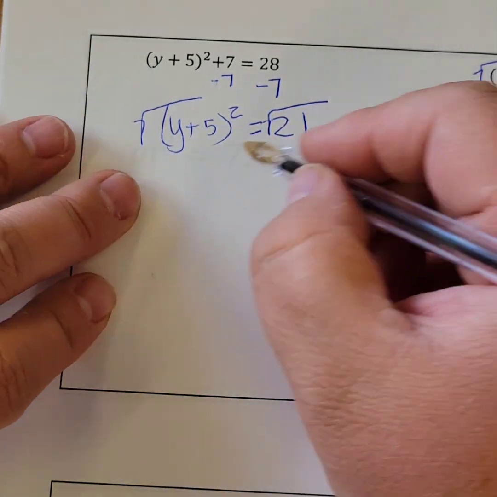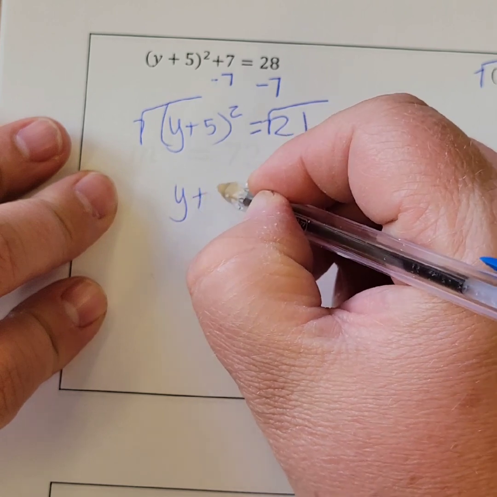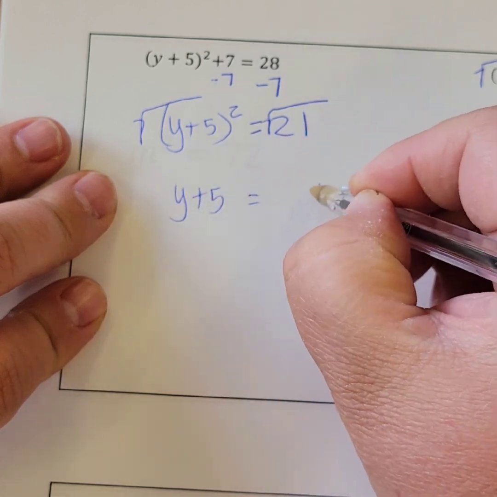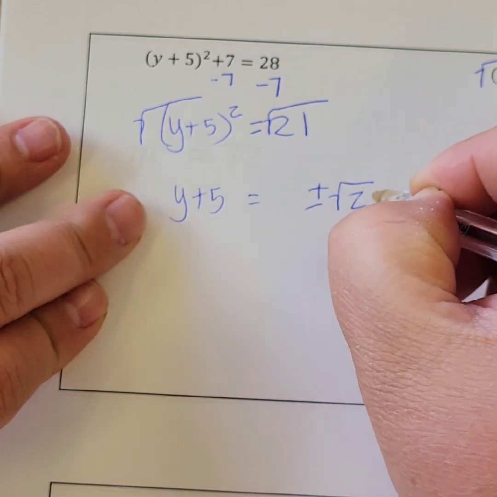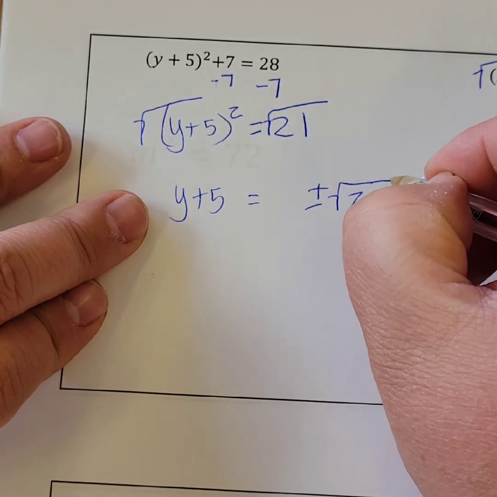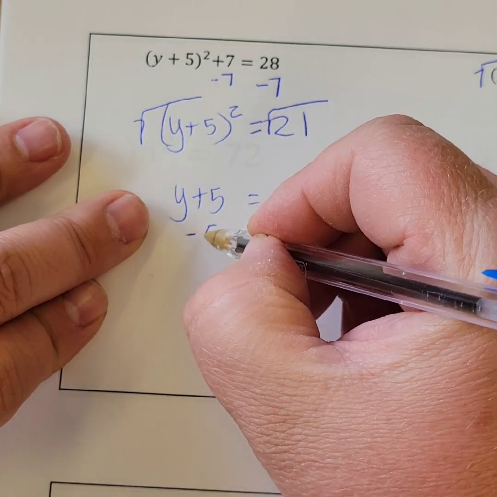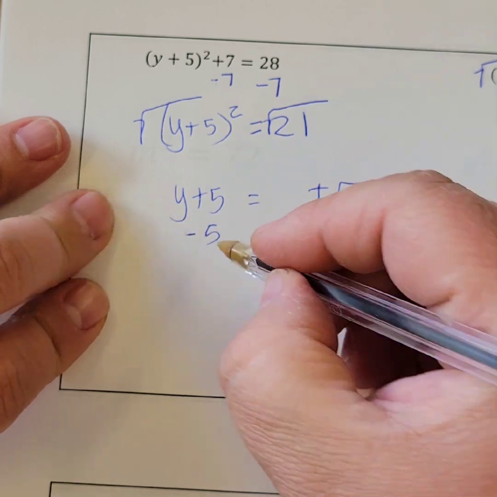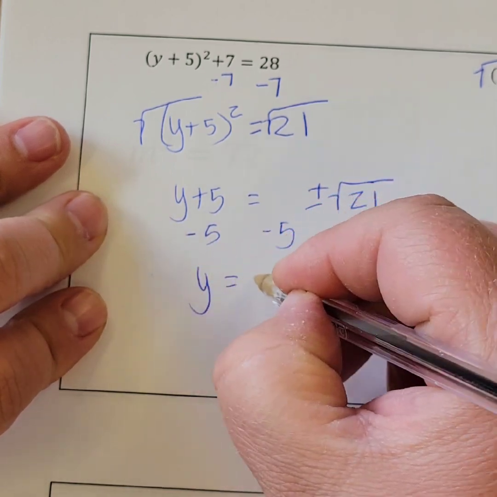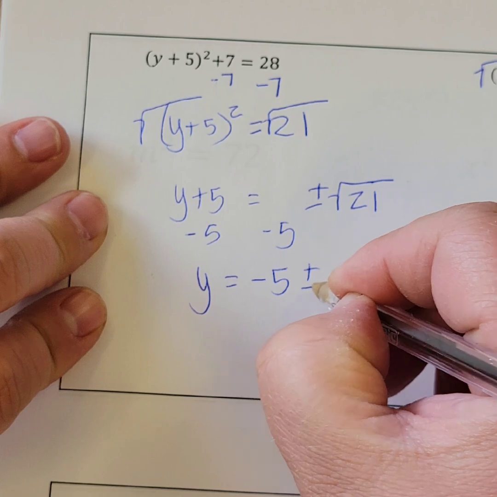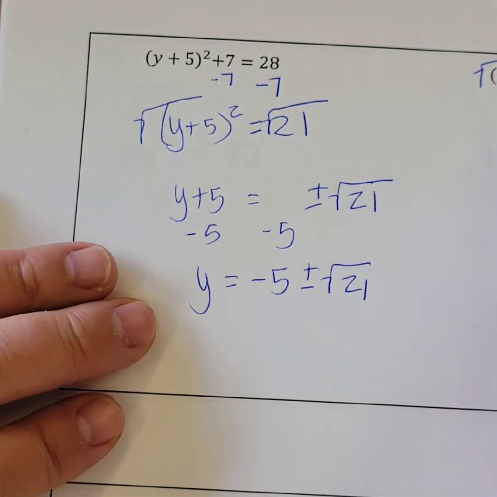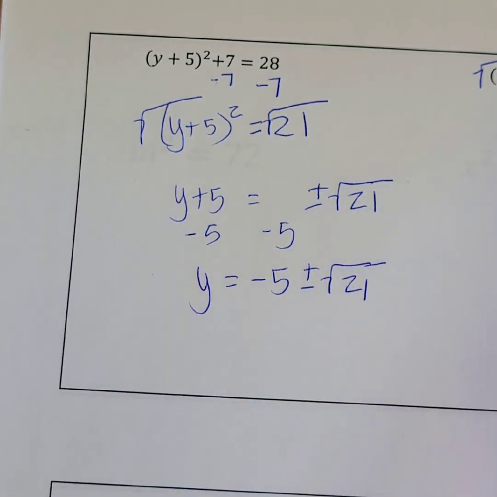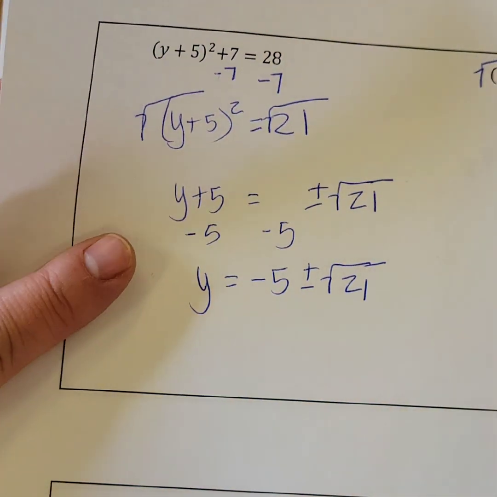So y plus 5 equals the positive and negative square root of 21. And then we're going to subtract our 5. So y equals negative 5 plus or minus the square root of 21. And that's a perfectly acceptable answer. You can also put it in your calculator and do the decimals. It really doesn't matter.